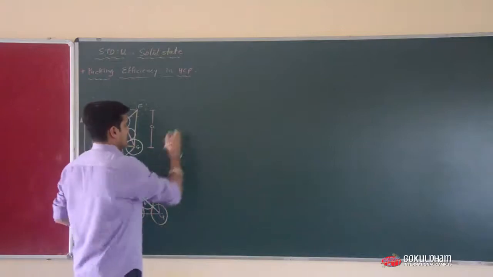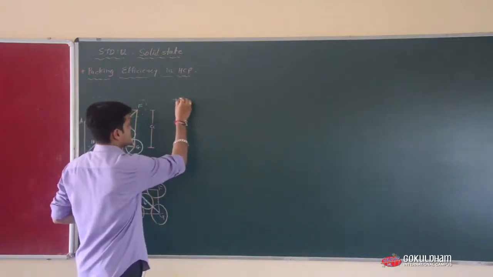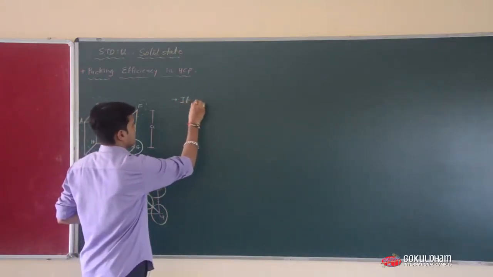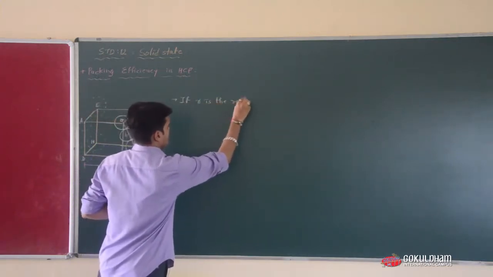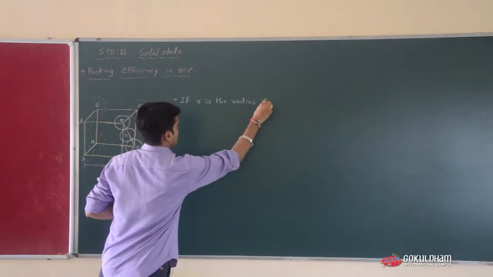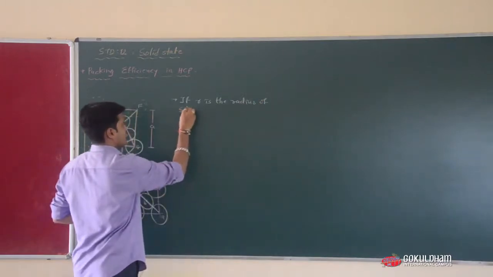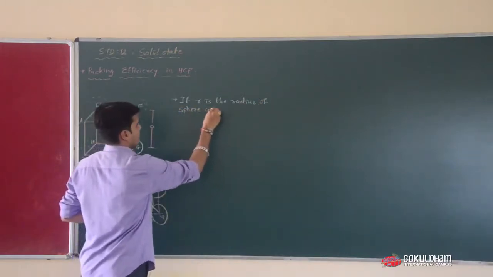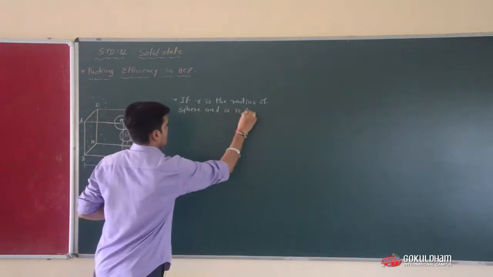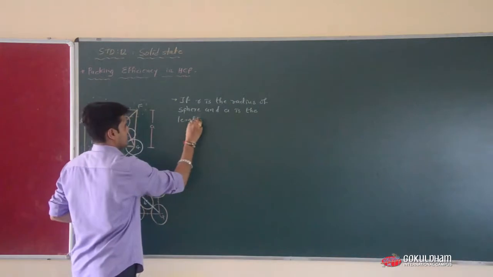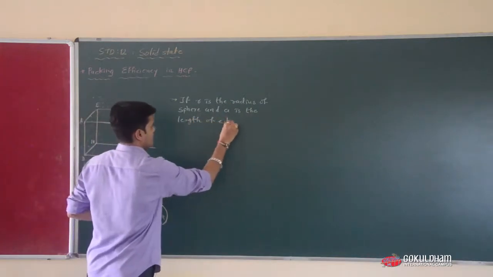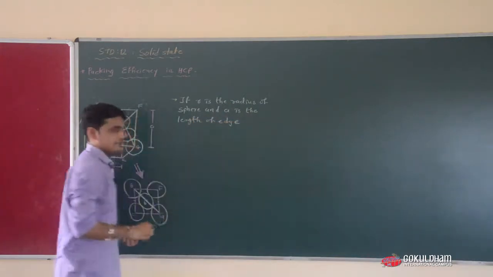Our theory will start as, if r is the radius of sphere and a is the length of edge.